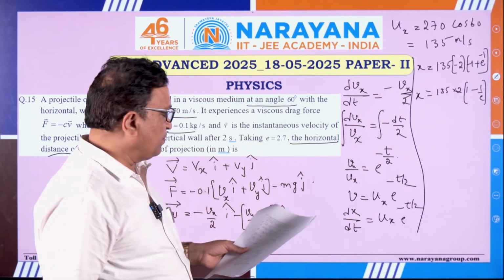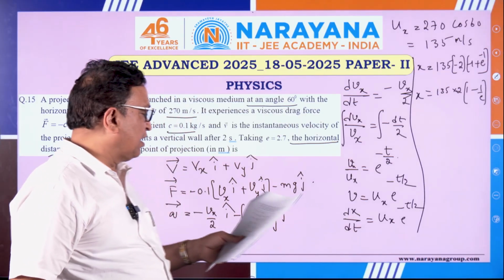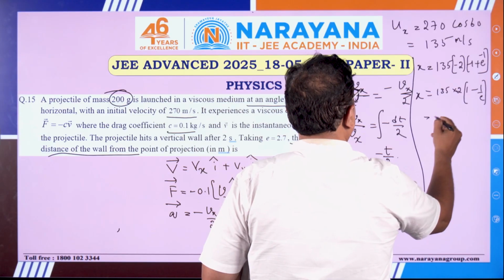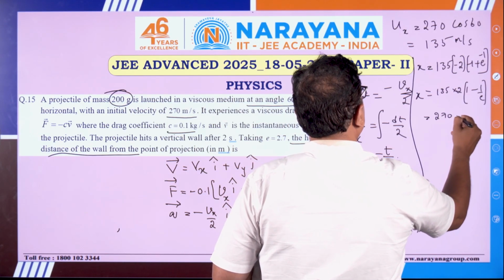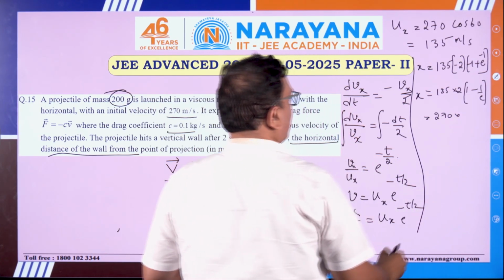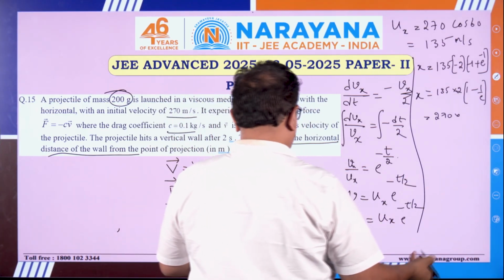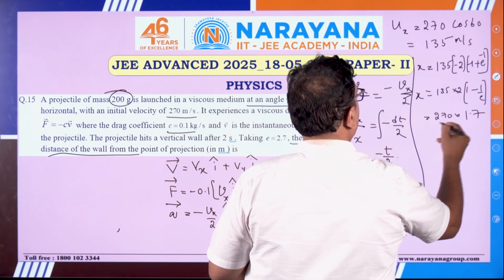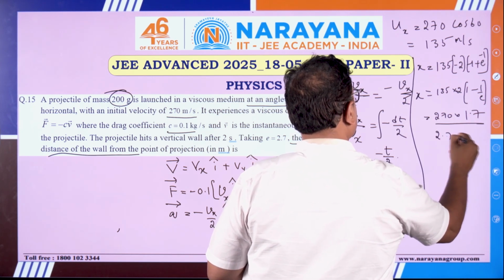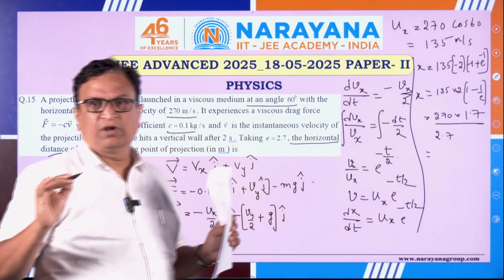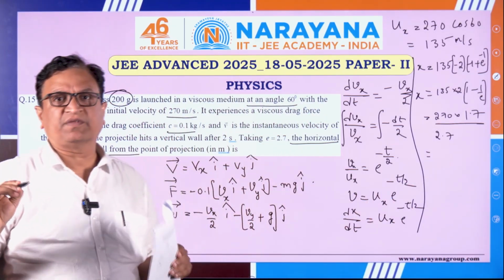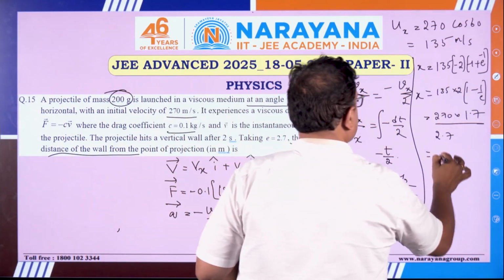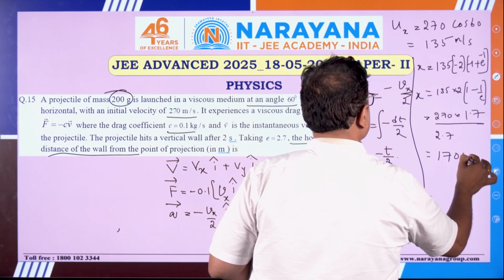They have given the proper values for e and all that, so just substitute and you will get the answer. 135 into 2 is 270, and 1 minus e power minus 1, that is 1.7 by 2.7. Good numbers. I told you IIT will never disappoint with the numbers. So you will get the answer as 170 meter.